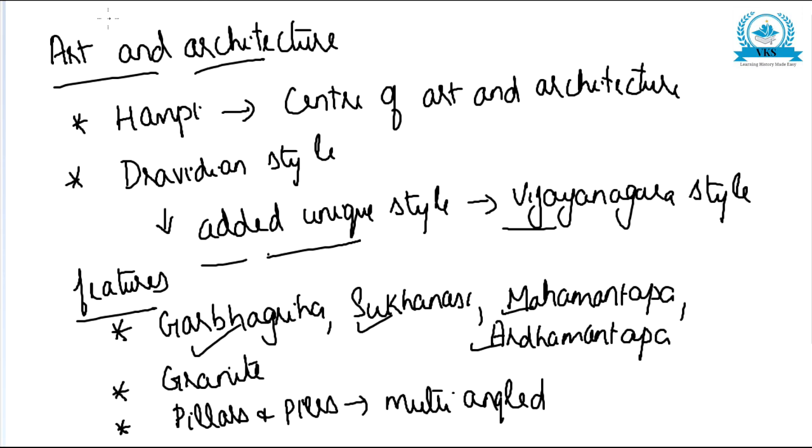Hampi was the main center of their art and architecture. They used the Dravidian style, added some unique features and made it a new style, the Vijayanagara style. Some of the important features: the temple consists of Garbhagriha, Sukhanasi, Mahamantapa and Ardha Mantapa; the temples are made of granite; pillars and piers are multi-angled.